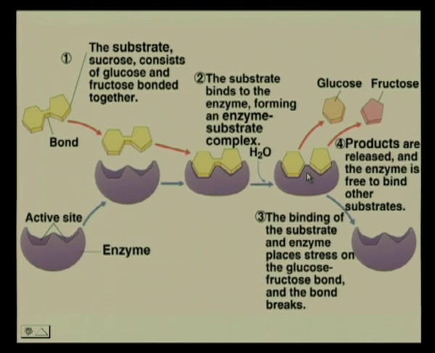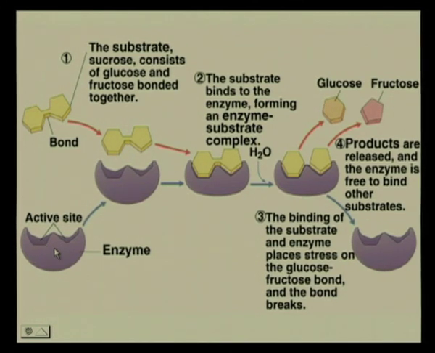Then the products are released. On release of the products, we have the enzyme exactly in the form that we started off with. So, what can it now do? It can go bind another sucrose and go through the same thing over again. It will keep on doing that; that is what is happening in our bodies all the time.